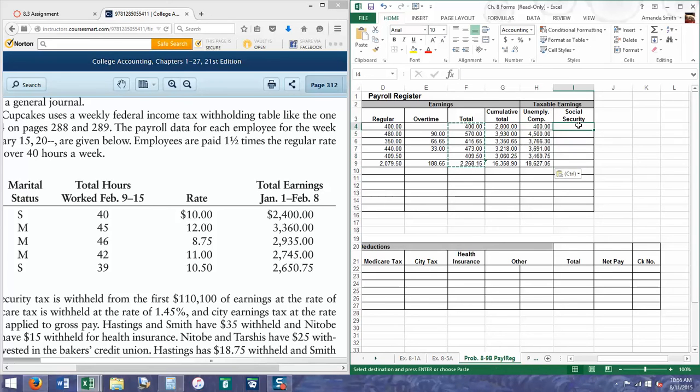So I'm just going to copy and paste, except that did not work like I wanted it to, so I'll just key in the amounts. 400, 570, 415.65, 473, 409, 50, 22, 68, 15. Social Security is going to be the same thing.